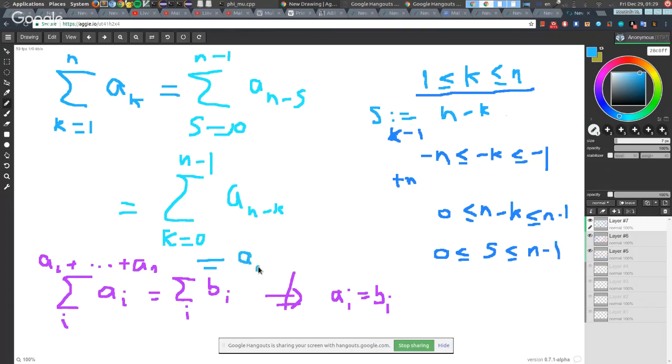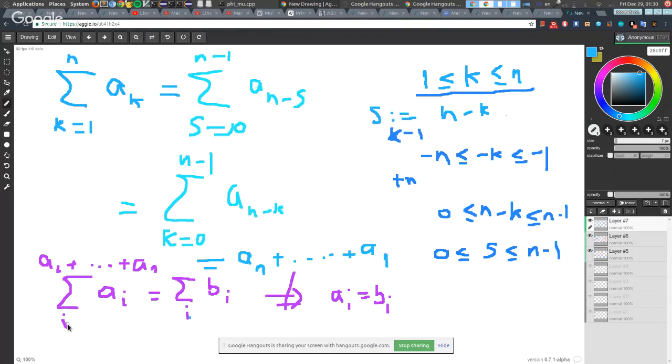So it starts with an when we put k equals 0, and it will end up at a1 when we put the k equal n minus 1. So basically here, yeah, this is this.